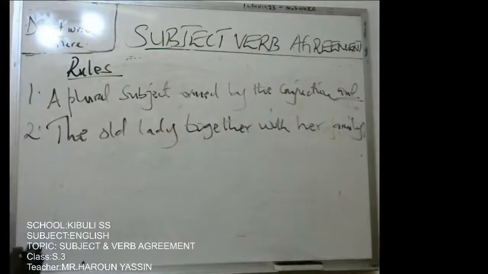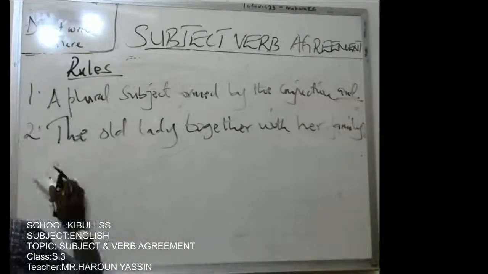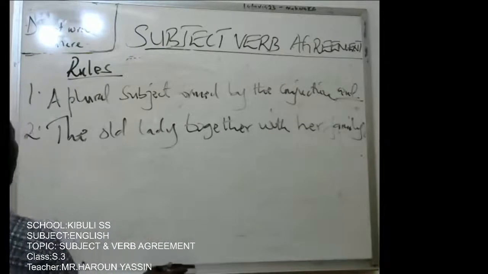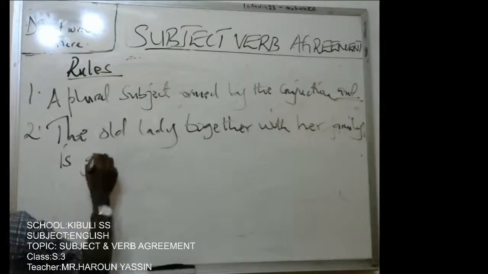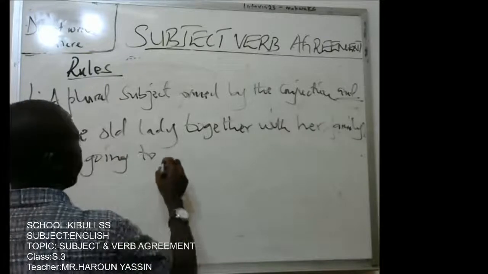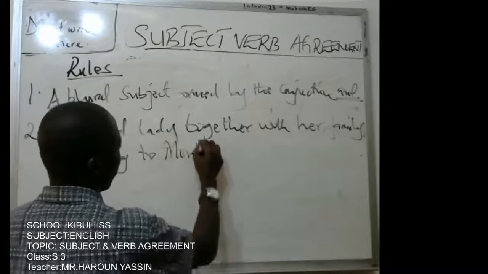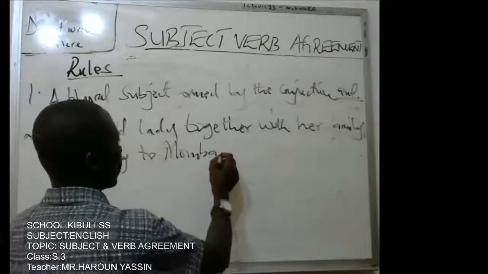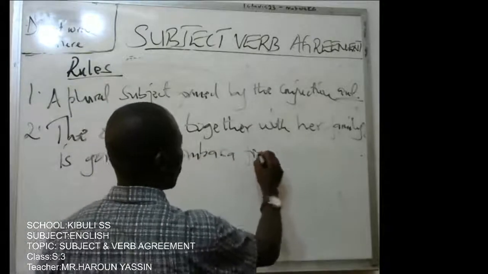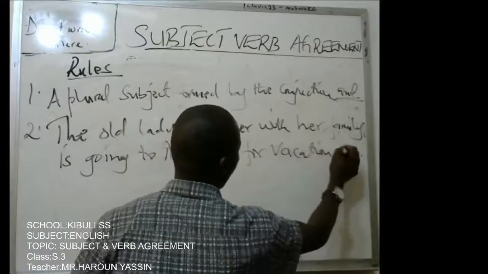Okay, together with her family. If it was an interactive class, I would have put a dash for you to fill. Okay, is going to Mombasa. I think this is what you have on your screen. Is going to Mombasa for vacation.